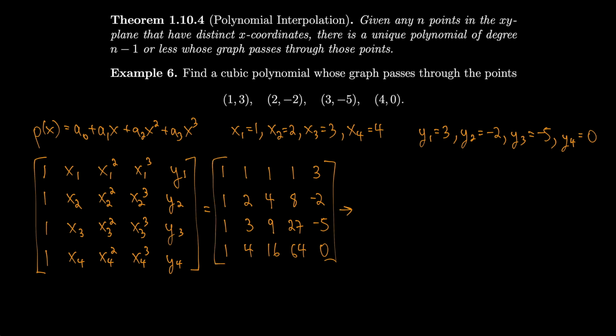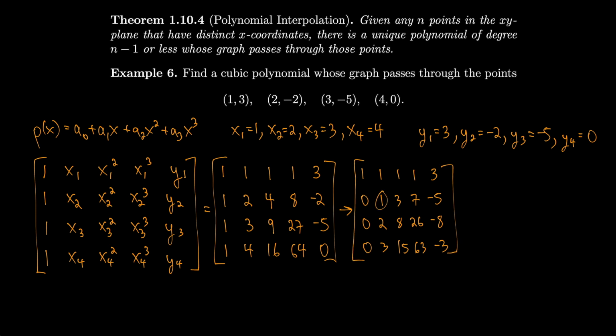Okay, so let's try solving this system. Let's leave the top row the same because it already has a leading 1, so 1, 1, 1, 1, 3. My second, third, and fourth rows, I'll subtract the top row to get zeros. So I get 0, 1, 3, 7, minus 5; 0, 2, 8, 26, minus 8; 0, 3, 15, 63, minus 3.